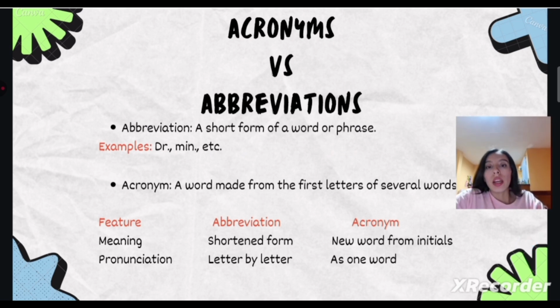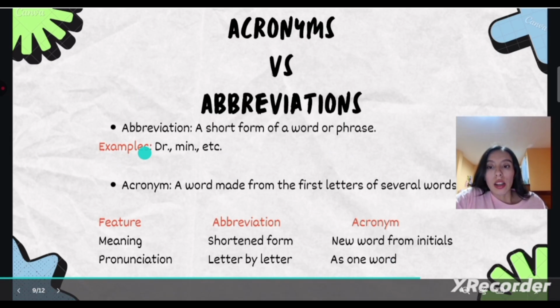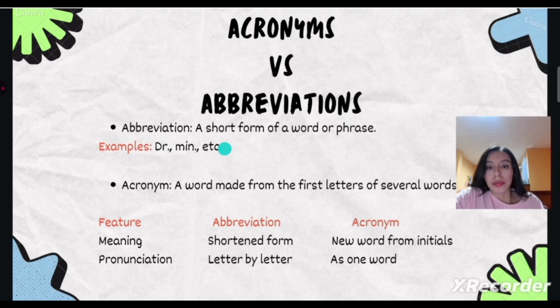Okay, now I am going to explain the difference between acronyms and abbreviations. An abbreviation is just a short form of a word or phrase. We usually read them letter by letter or as a part of the original word.